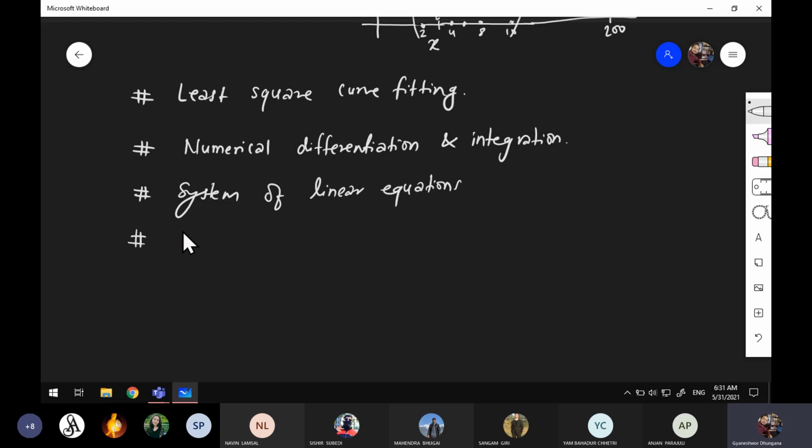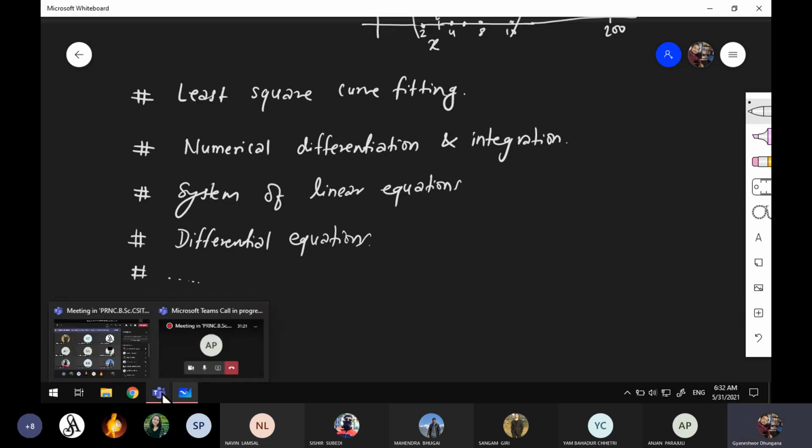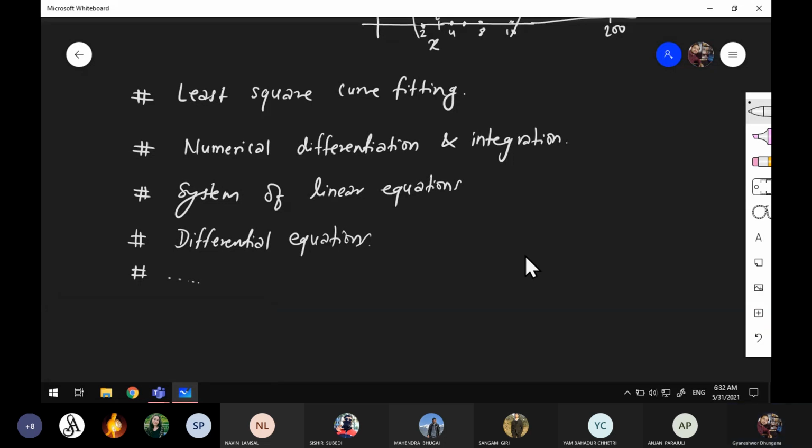Similarly, we can apply the numerical method in solving problems involving differential equations. And there are some other problem domains also where the numerical method can be applied.